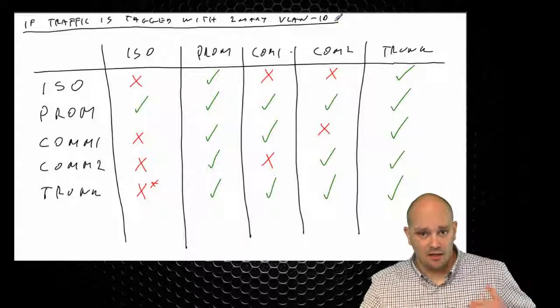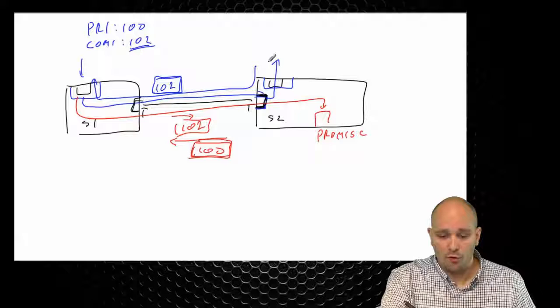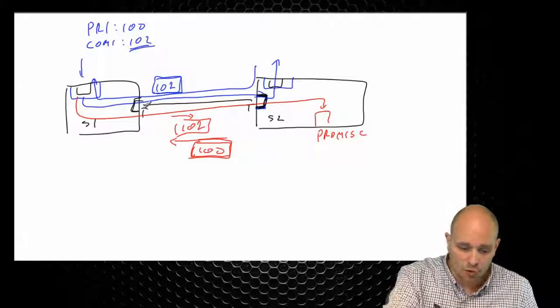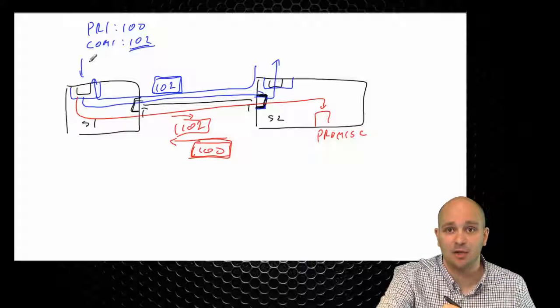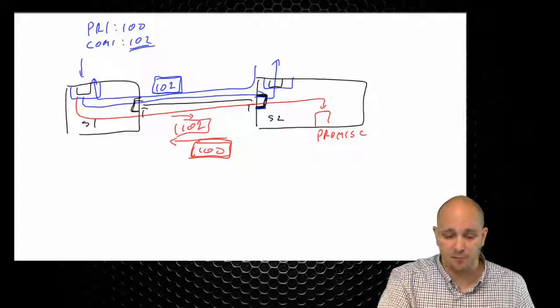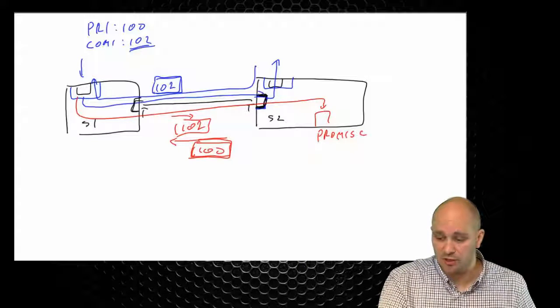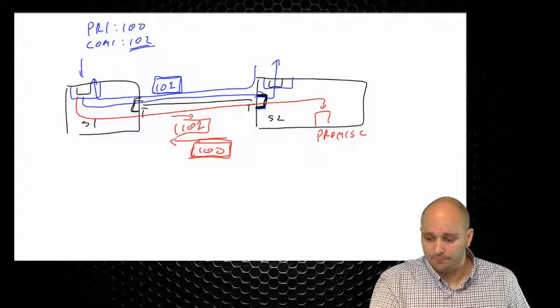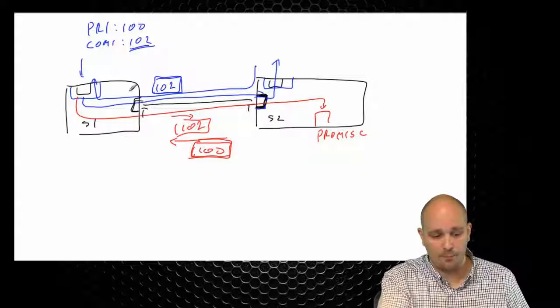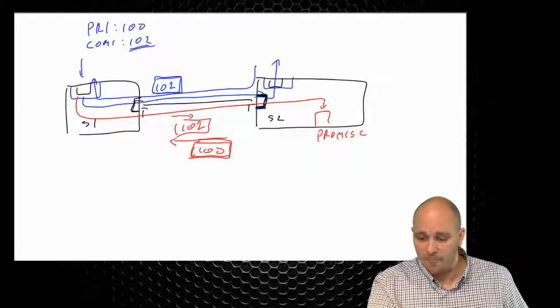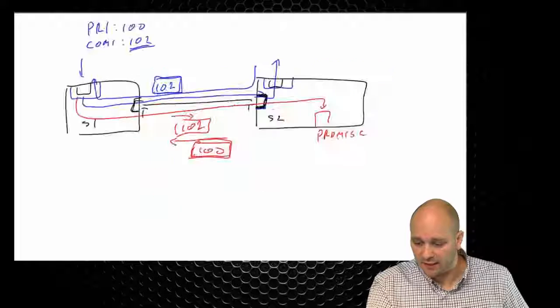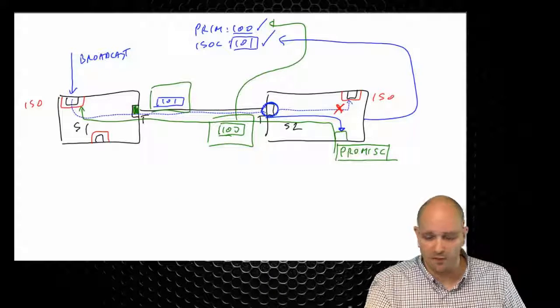That means if the traffic is arriving, for example, from one community port, when it goes over the trunk, it will be sent to that community port. But in the case of promiscuous ports, the situation that we had in this example, we are not going to have that case. Here it is.